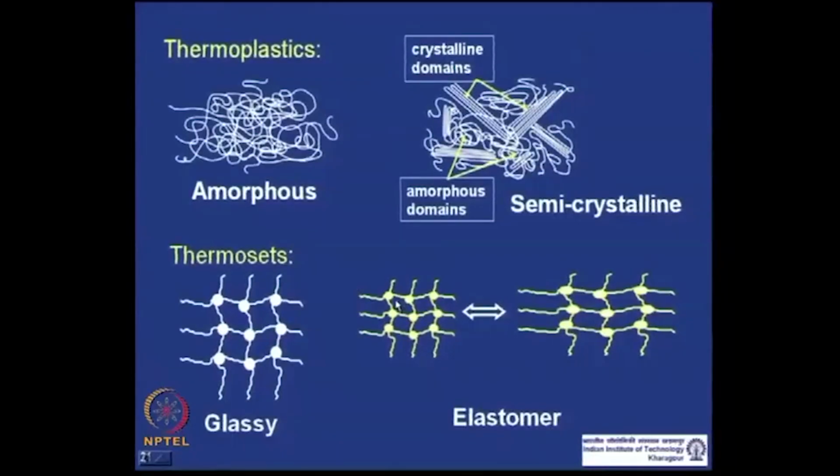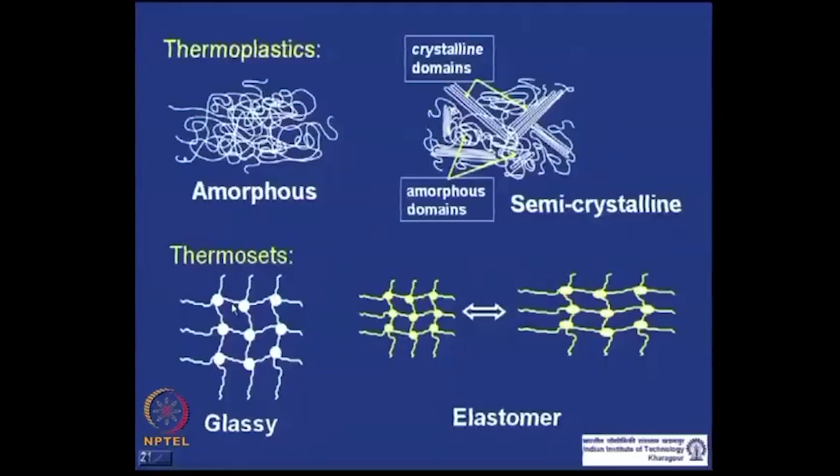I will talk about glass transition in more detail later, but at present, glass transition means the temperature at which they become flexible. If these chains are flexible at the temperature you are working, then they can be stretched, and as soon as you remove the stress, they will come back to the original form. So, it is like rubber. So, you have an elastomer.